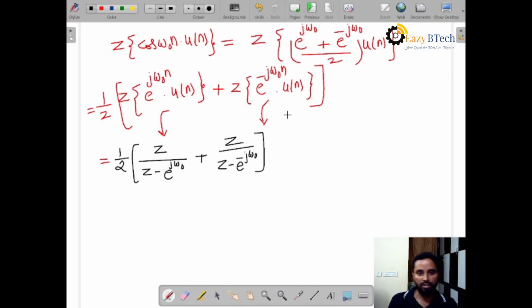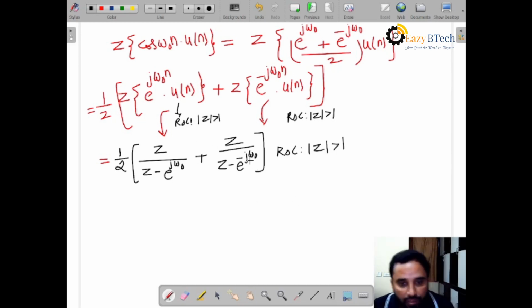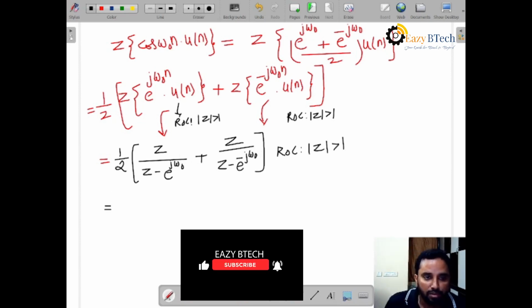And ROC for the first, magnitude of z is greater than 1. Here also ROC magnitude of z is greater than 1. So the final ROC is mod z greater than 1. And by doing LCM we can do simplification.